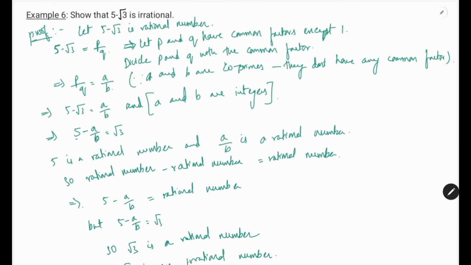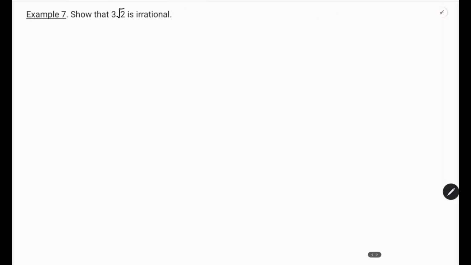Okay, next one. Show that 3 root 2 is irrational. Proof. Let us assume that 3 root 2 is rational.